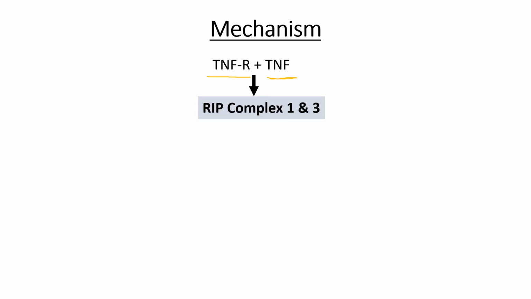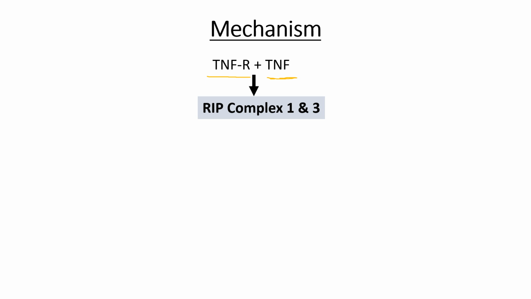What is the mechanism behind necroptosis? We have these TNF receptors on the cell membrane. Now, tumor necrosis factor will come and bind with the TNF receptors. They will activate RIP complex 1 and 3.